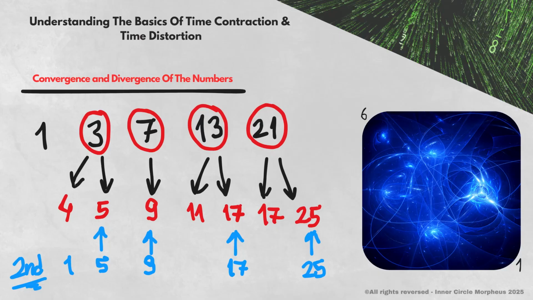As it's written with blue color, we get the second sequence here extracted from the initial one, which is 1, 5, 9, 17, 25. Do you know what happens when 13 is delayed to 17 and 21 is hastened to 17 at the same time? I want you to think, Neo. And we have the most perfect sequence in the universe, which is 1, 3, 6, 9, 15, 24.